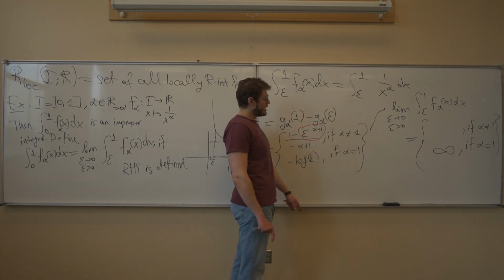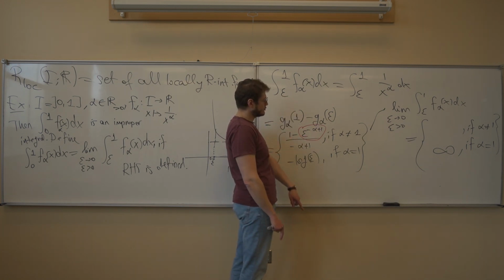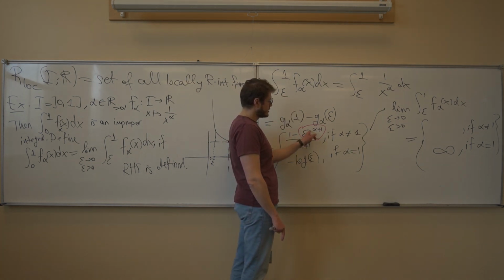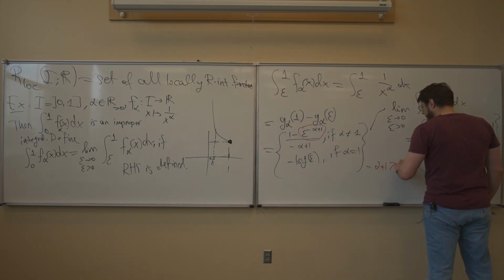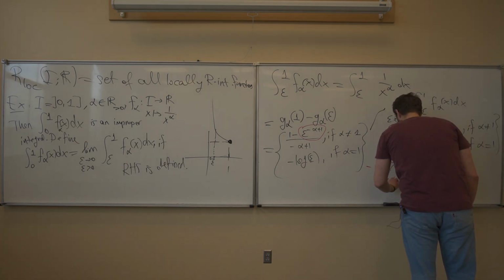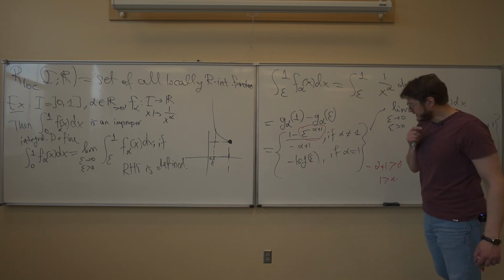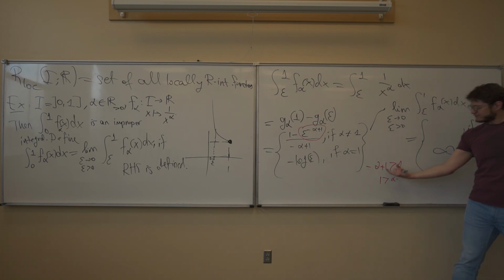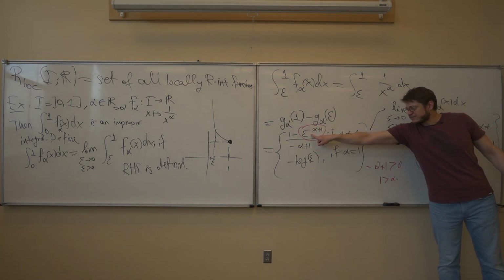If the exponent were a positive number, the asymptote would go to 0 as epsilon goes to 0, which means that I need minus alpha plus 1 to be a positive number. In other words, if alpha is less than 1. Yes, because if this exponent were negative, then this value would blow up as epsilon goes to 0.